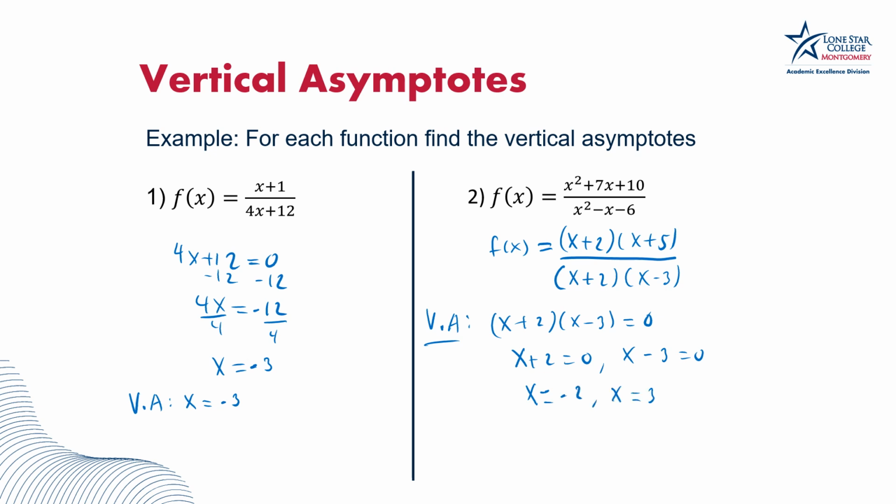However, x equals negative 2 would not be a vertical asymptote because there's an x plus 2 on top as well. Because they cancel each other out, there will be a hole there. So this would create a hole at x equals negative 2. So our only vertical asymptote here would just be x equals 3.